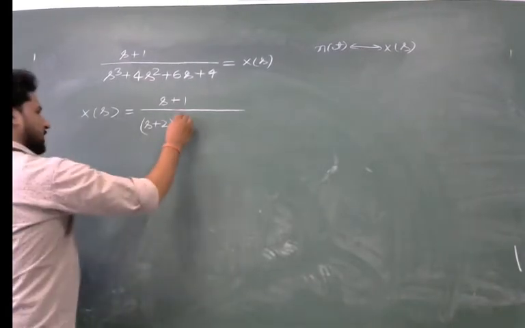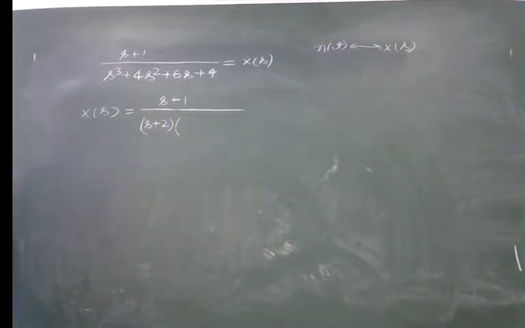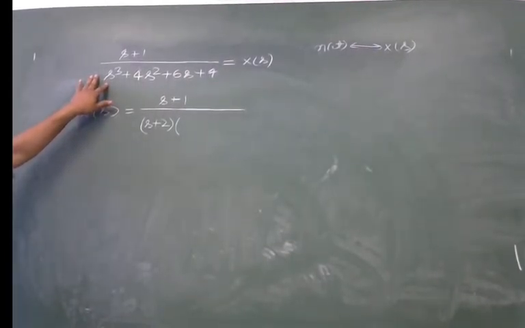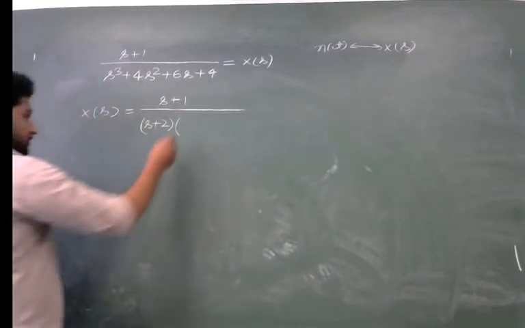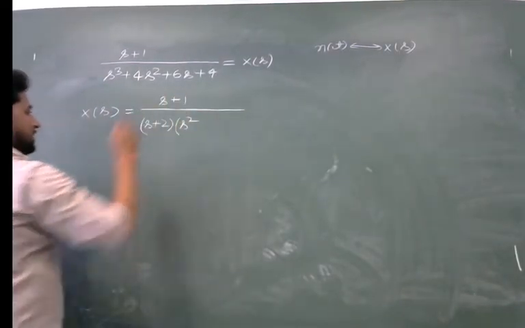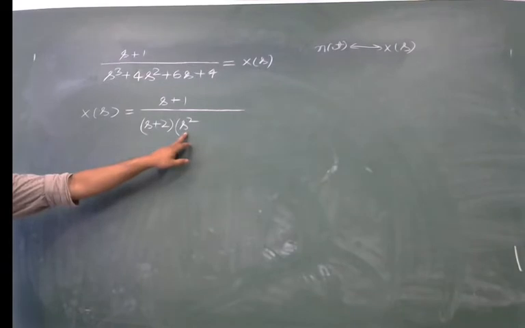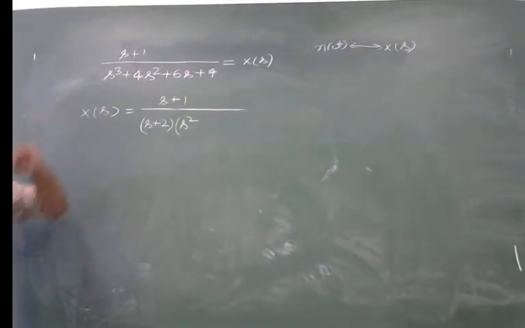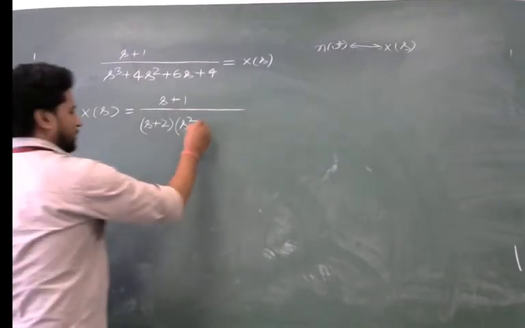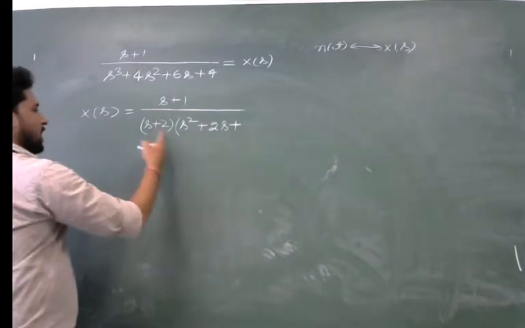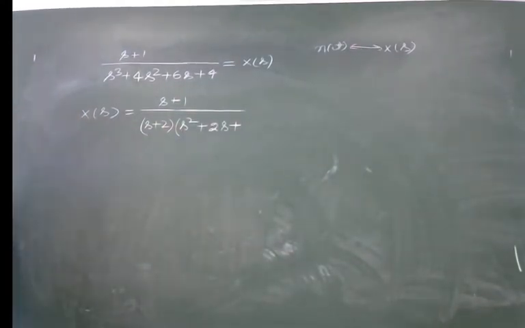So what will be the other factor? Because this is a cubic expression, we have to get the s cube somewhere in the given relation. So I will multiply with s square, so that this s and s square will become s cube. When this s square is multiplied with 2, this will become 2s square, but we need here 4s square. For that purpose, we have to put another 2s here. So this 2s square plus this 2s square will become 4s square.